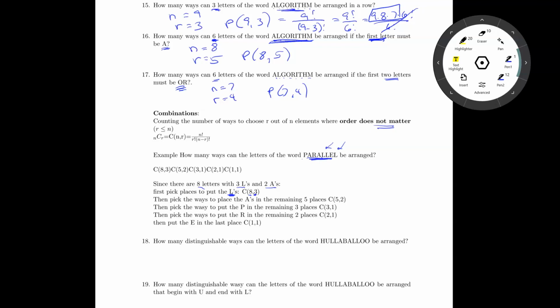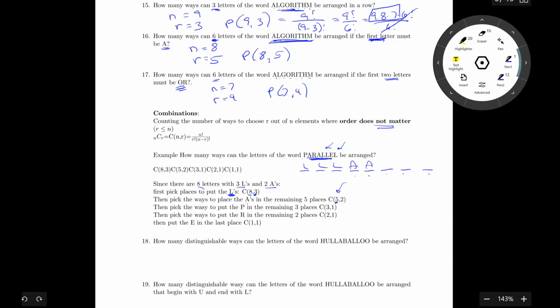Then let's pick the ways to put the A's down, because there's 2 of those. So I already had 8 letters and I put 3 of them down. So 8 subtract 3, that's how I get this 5. So of the 5 remaining places, I've already chosen to put the L's somewhere, so there's only 5 places left, and I'm going to put the 2 A's down.